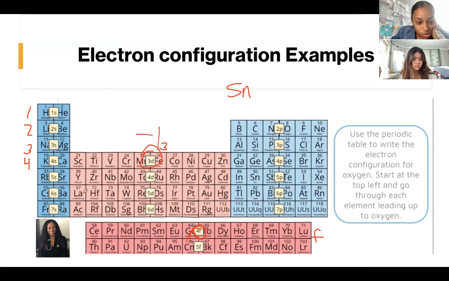What I want you to notice here is, it's kind of cool. You have 56, 57, and then it goes to 58, 59, then 71, 72, 73, 74, and then 80.